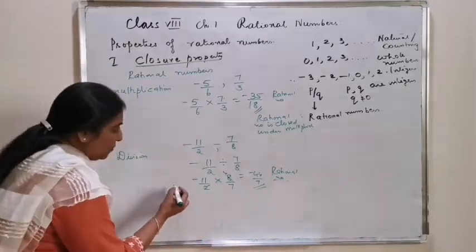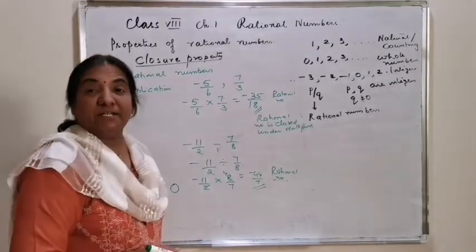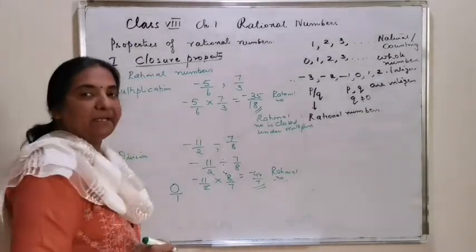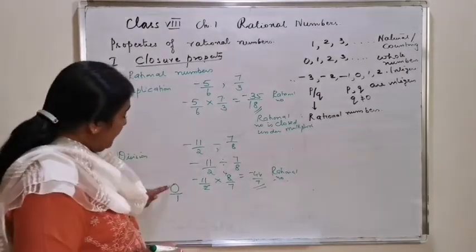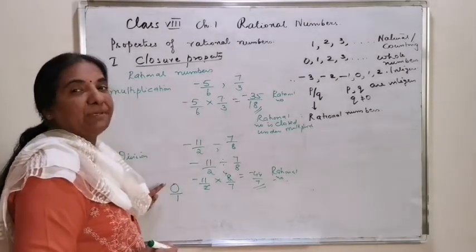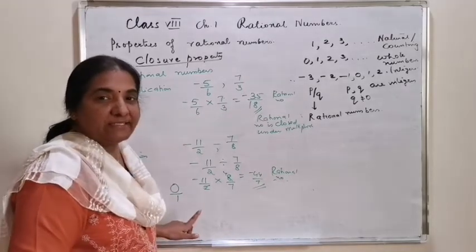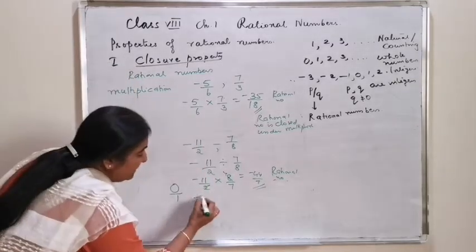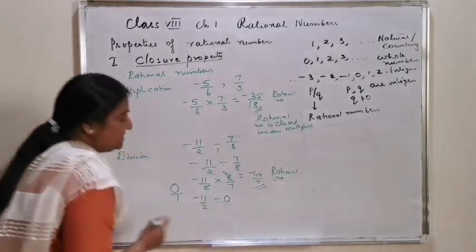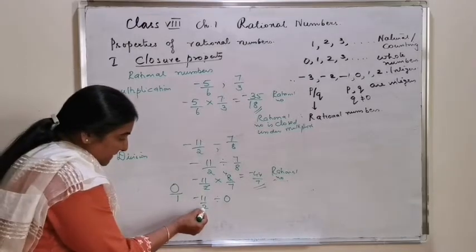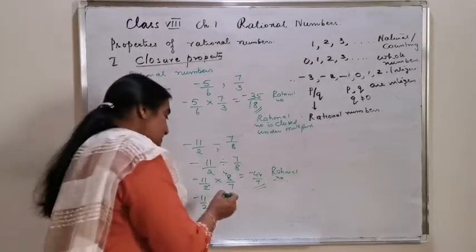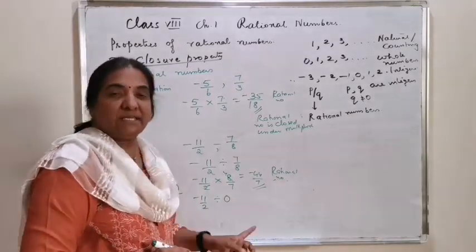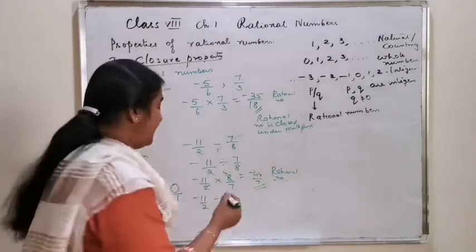But 0 is a rational number because 0 can be expressed in the form 0 divided by 1. That is, a rational number is any number of the form p by q, where p and q are integers. What about dividing a rational number, minus 11 by 2, by 0? Minus 11 by 2 is a rational number, 0 is a rational number, but division by 0 is not defined.